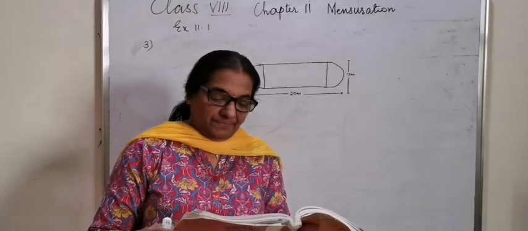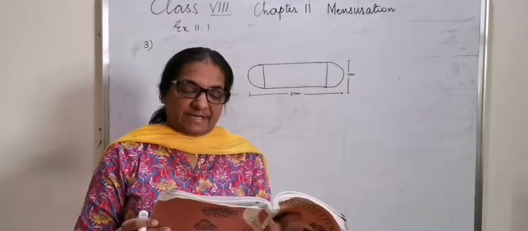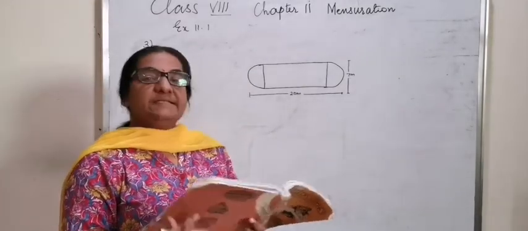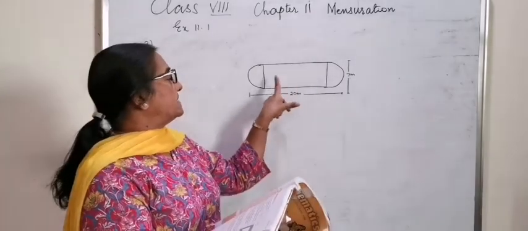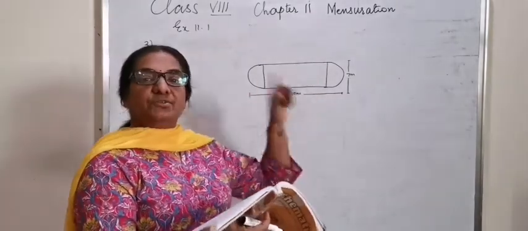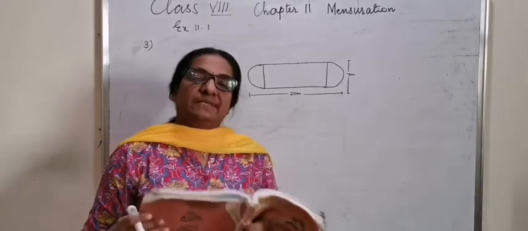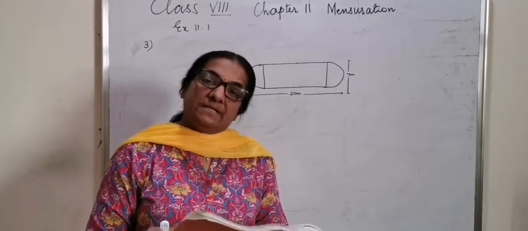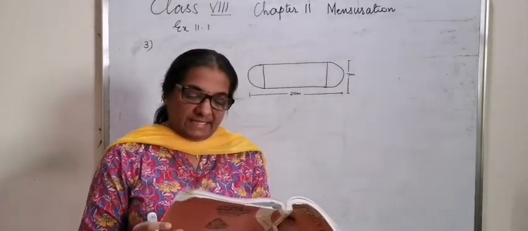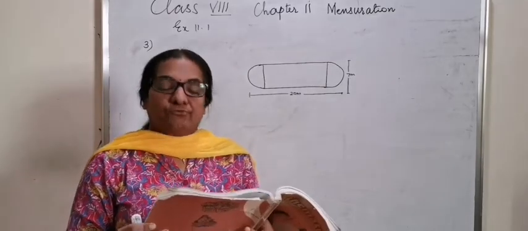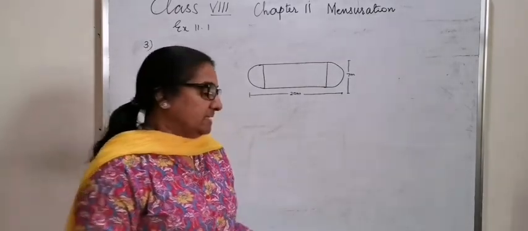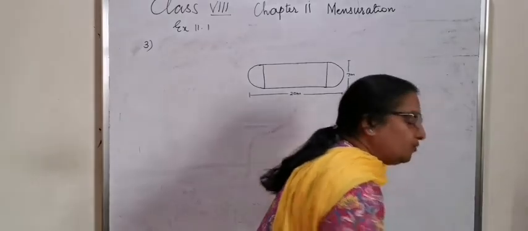Question number 3. The shape of a garden is rectangular in the middle and semicircular at the ends. You can see here there is a rectangle and two semicircles. Two semicircles, when you combine, will become a circle. Find the area and perimeter of this garden. That means this garden is made up of two figures.